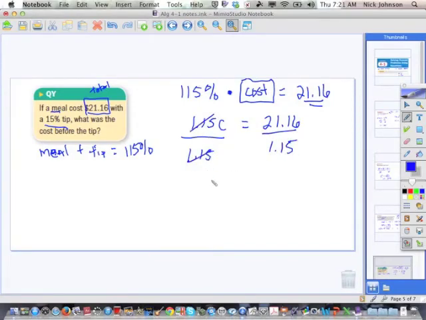You divide it out. C gives me 21.16 divided by 1.15 equals $18.40. Okay? Did it come out smaller? Yes. That's what we're expecting.